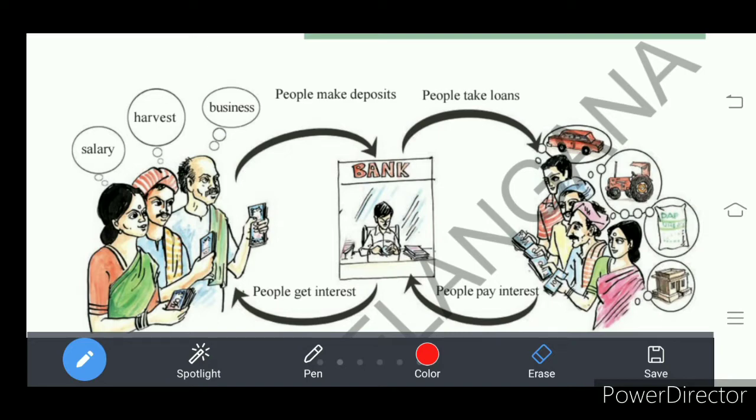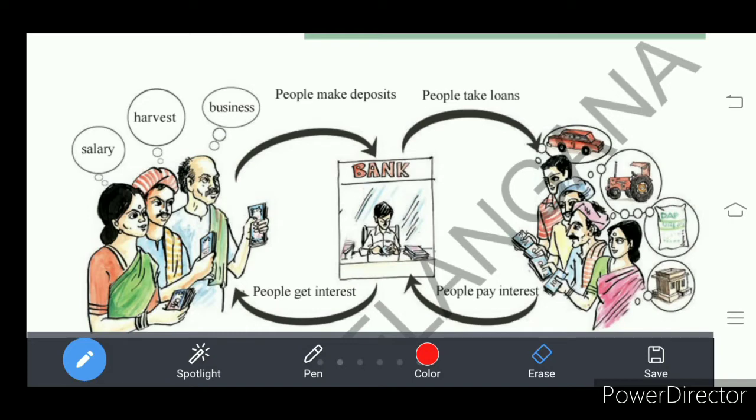In this way we see that the bank mediates between depositors and borrowers, and the bank charges a higher rate of interest on the loans than the interest the bank offers to the depositors.